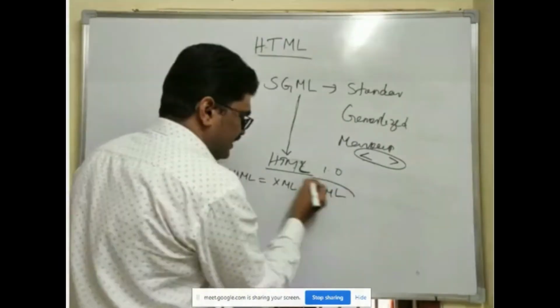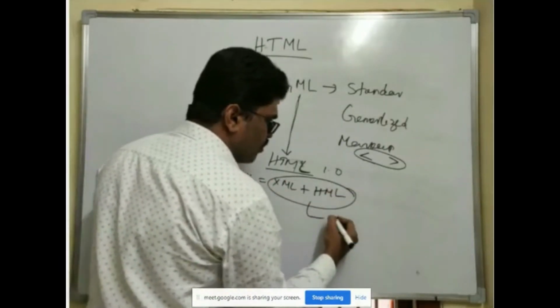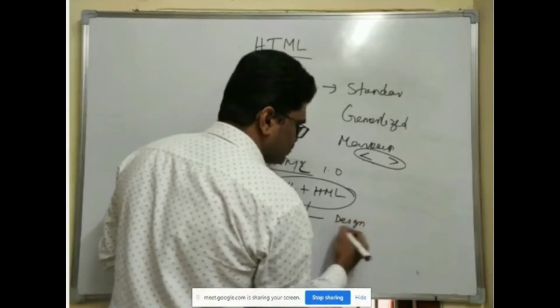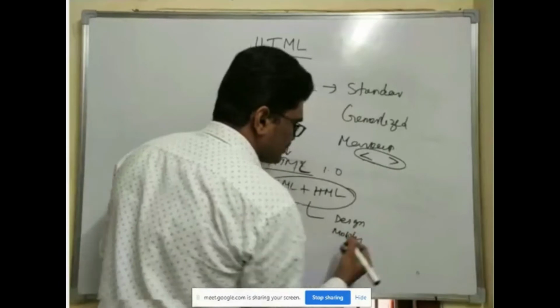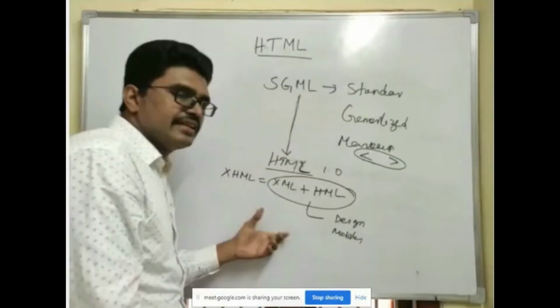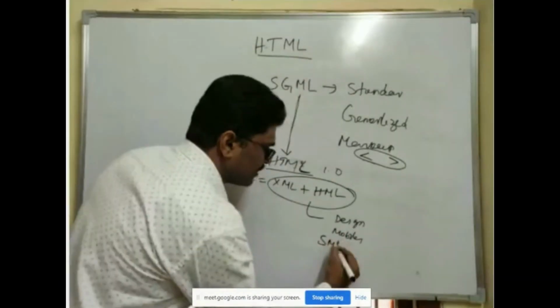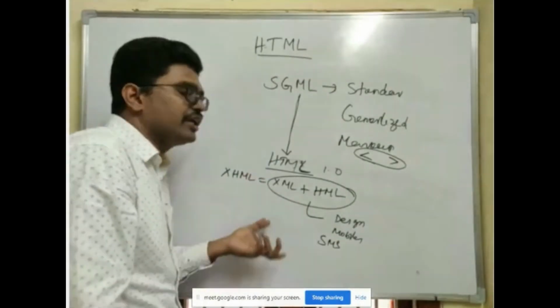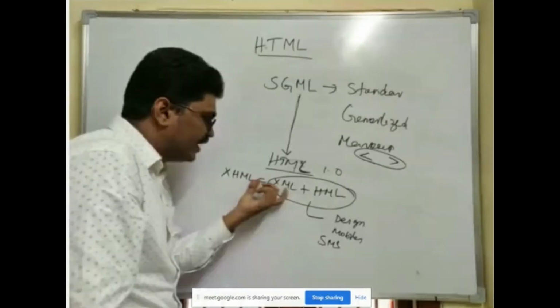When they did this, your HTML became more powerful to design web pages on different platforms like mobile, and it came up with features like SMS notifications. All these things were brought into HTML when they included this XML.